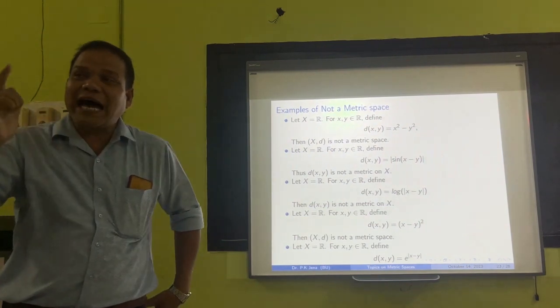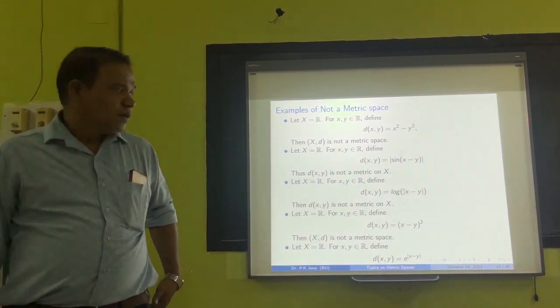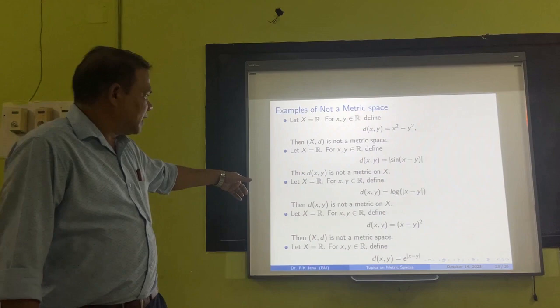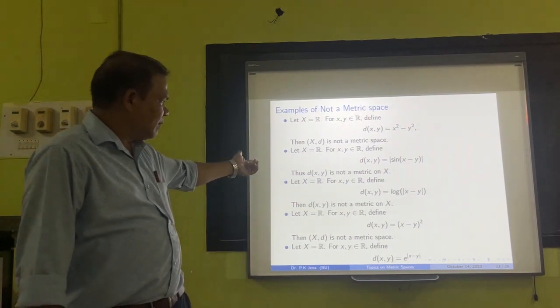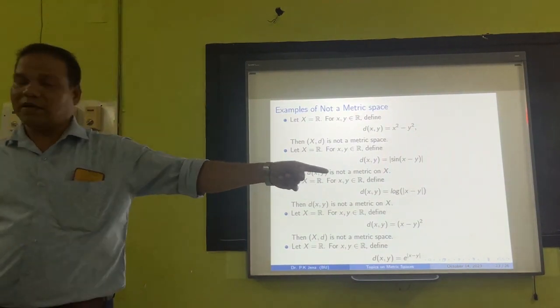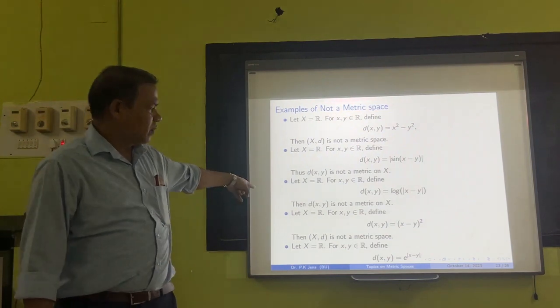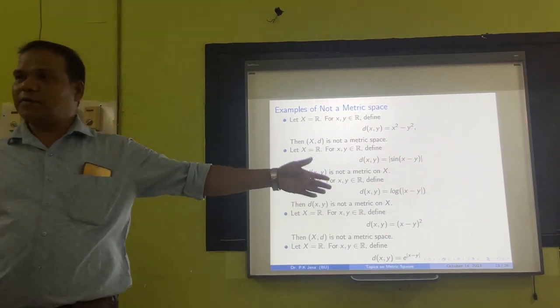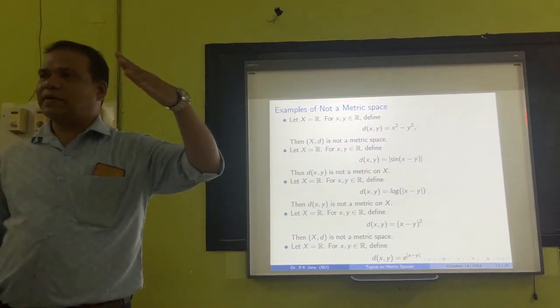On the same set R, we have the restriction x is equal to y. I am recalling one of the examples from our four examples. This type of question comes in the CSIR examinations.